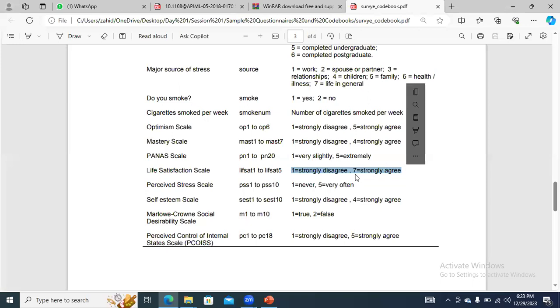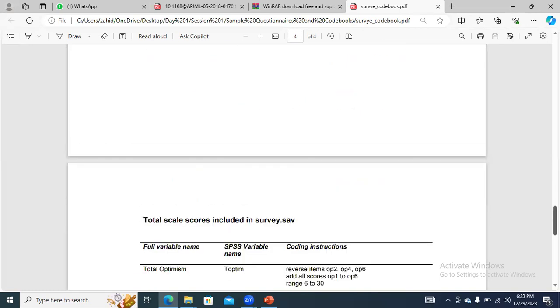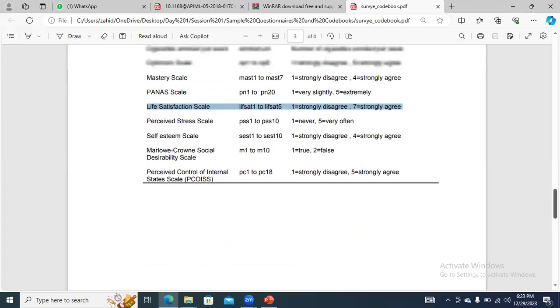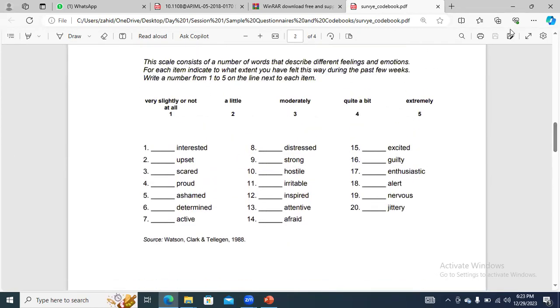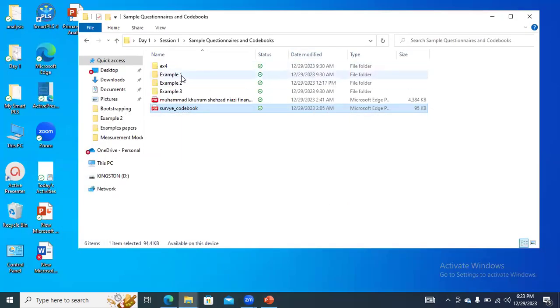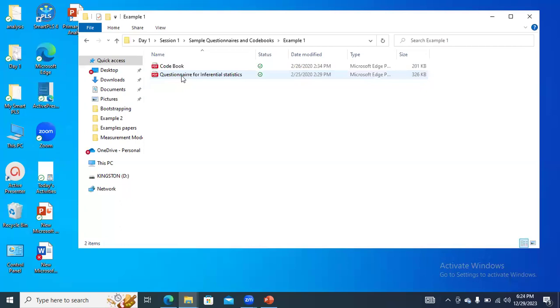Most researchers use the 5-point Likert scale as per previous studies and most of the literature, but you can also use the 7-point Likert scale. So this is the codification of the statements of your variables. When you have done the codification, you can easily enter your data into the SPSS software. I can show you simple examples of how I code a questionnaire.